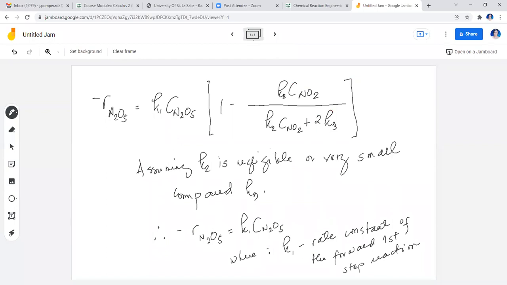So the rate constant of the forward chain initiation step.